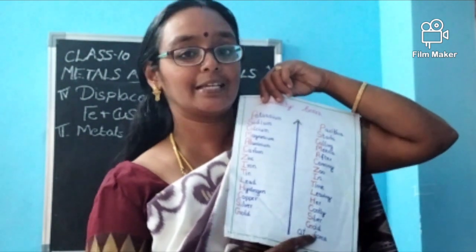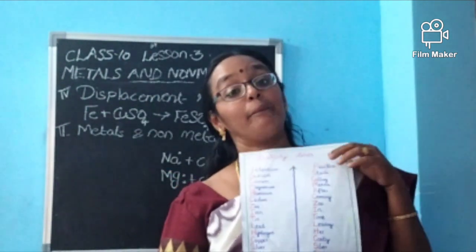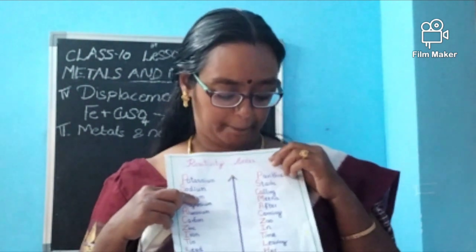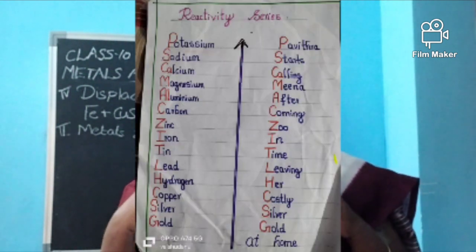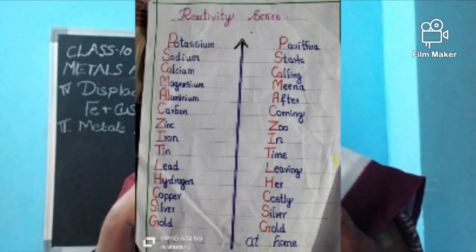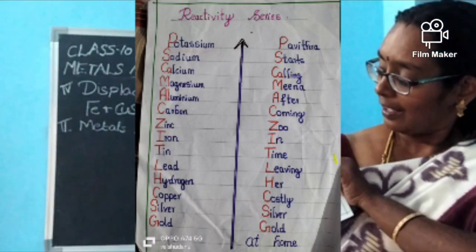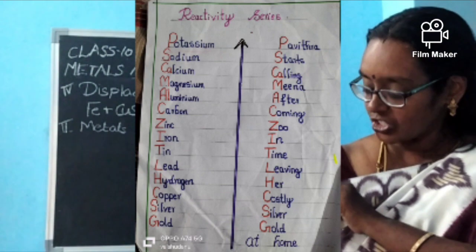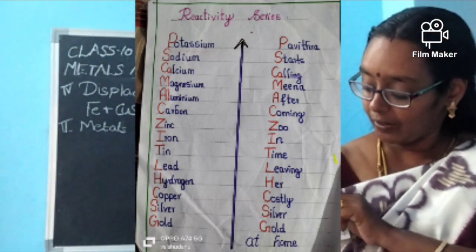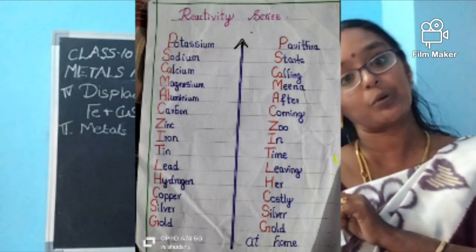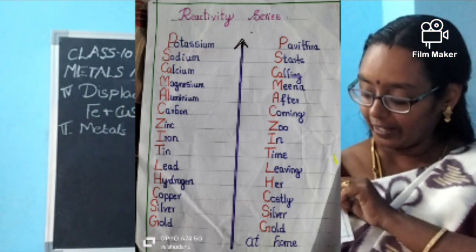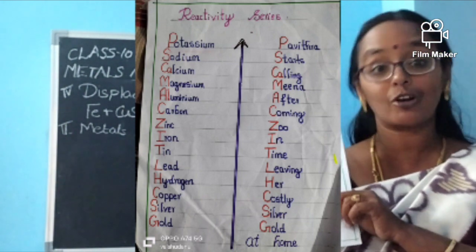This is the series, and for it I have made a mnemonic to make it easy for you: Pavitra starts calling Meena after coming to school in time, leaving her costly silver gold at home. Instead, we can add mercury also: leaving her costly mercury silver gold at home.